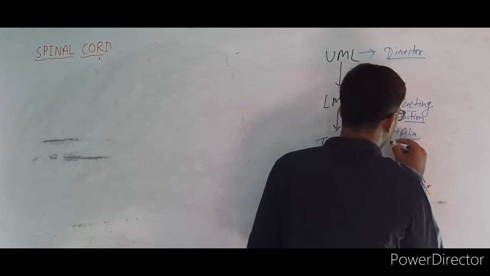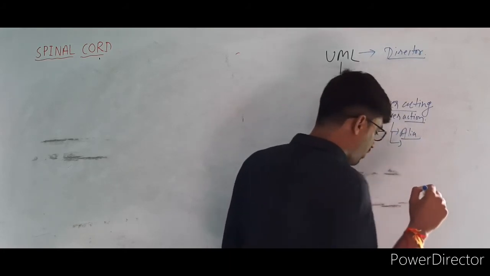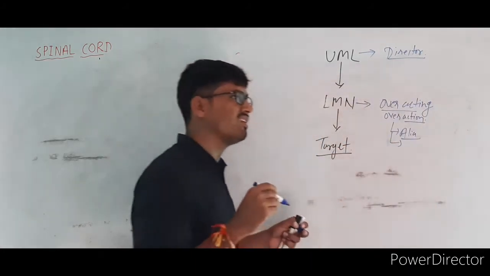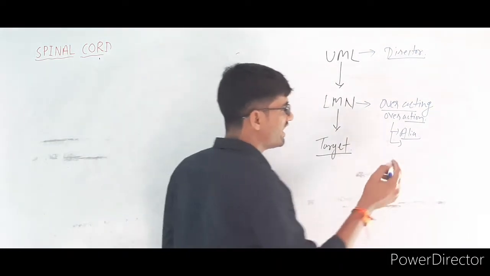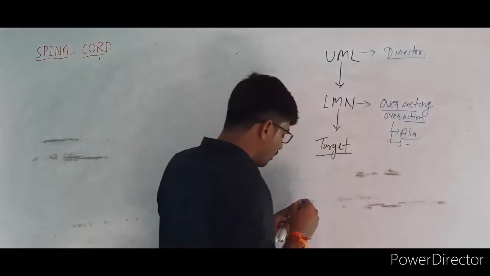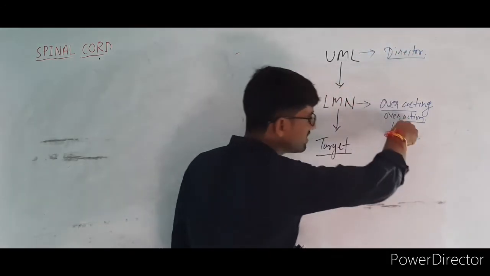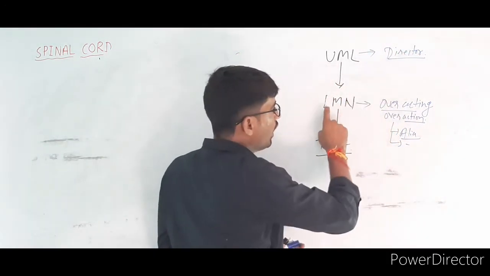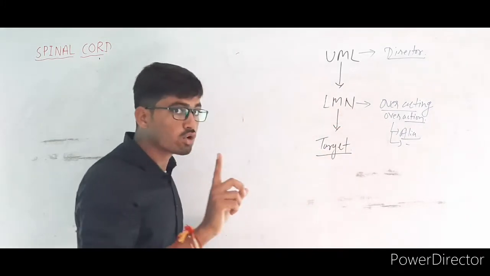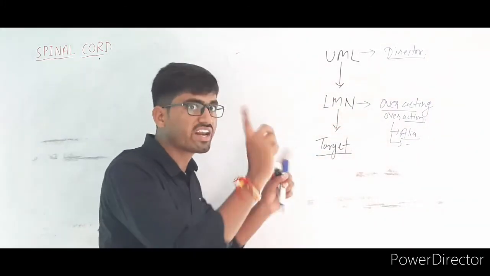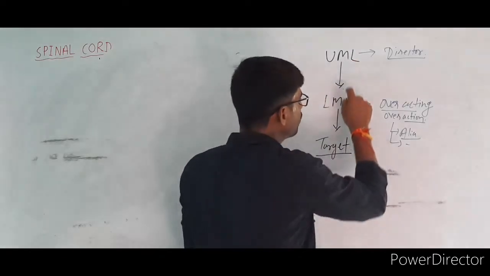And if you are from South India, there is Balakrishnan. They are doing overacting. So what does the upper motor neuron do? It is just controlling these things. The lower motor neuron should not overact, so the upper motor neuron is only controlling it.